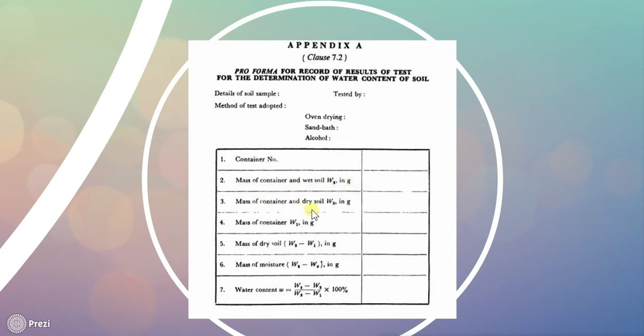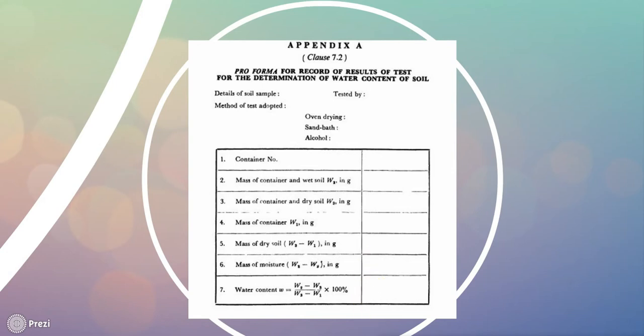Then mass of container and dry soil, that is W3. Then mass of container only, that is W1. Then W3 minus W1 and W2 minus W3. Then in the final box it will be water content, which we have found out. So this is how the oven drying method, or you can say the most standard method, is performed.